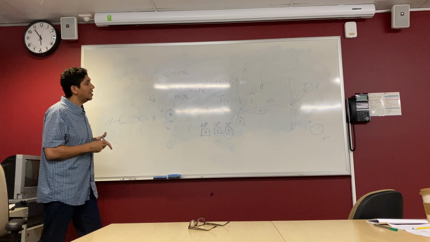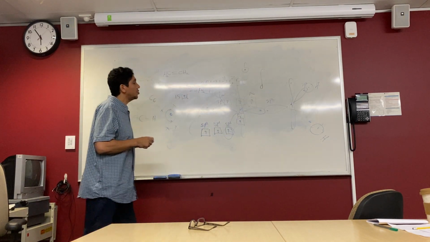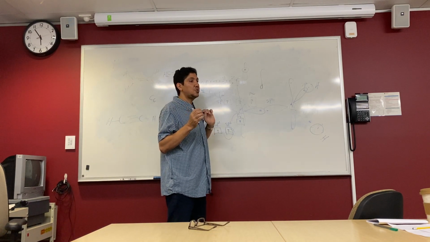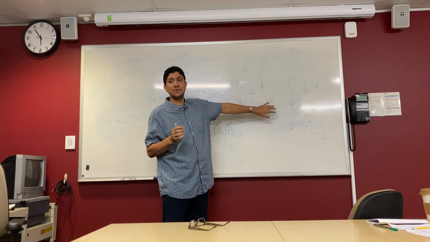Okay? Why did I draw this structure? Why did I go through the hybridization? Just to show you that any group trying to come closer to this molecule should be positive or negative?